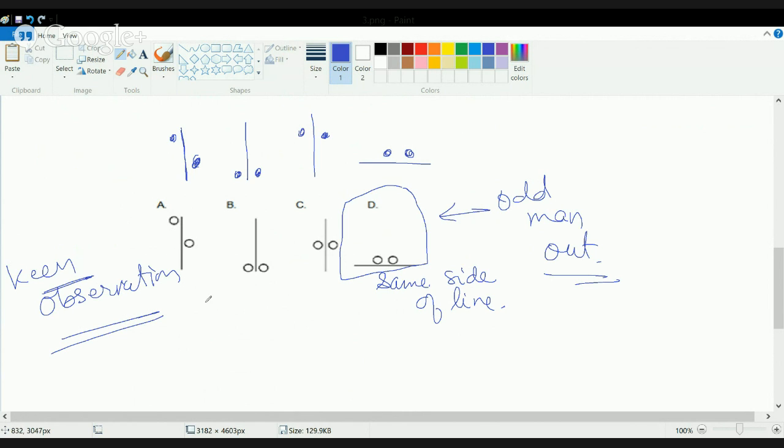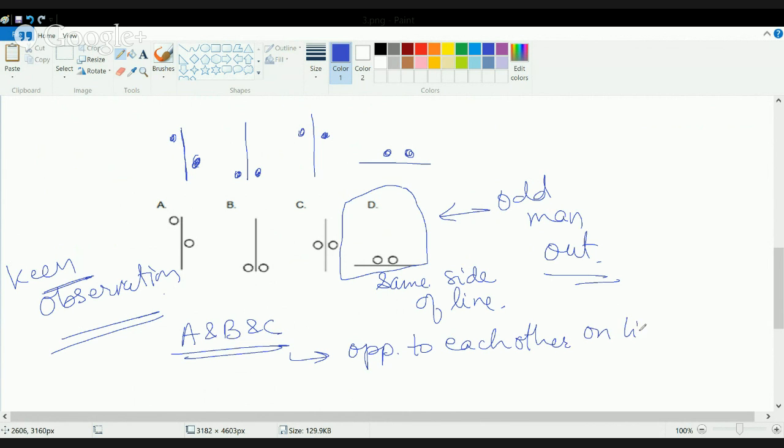In choices A, B and C, the balls are located opposite to each other on the line, while only in choice D they are located on the same side of the line. Therefore, choice D is an incorrect choice, or we can say it's the odd man out. So these are some of the simple questions we did on odd man out series.